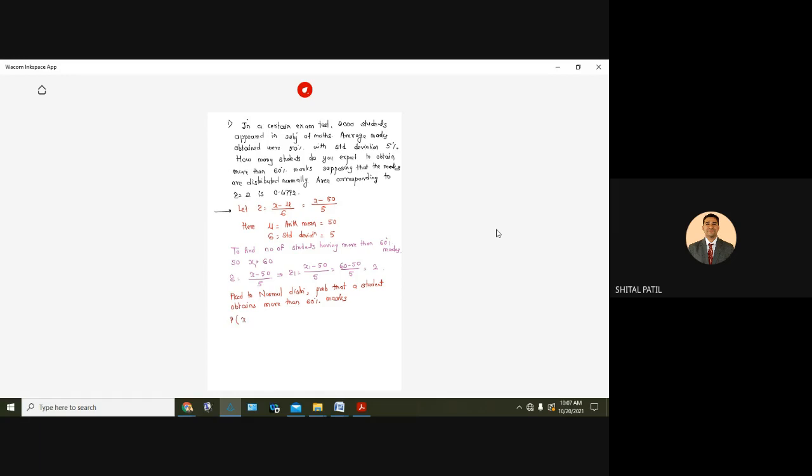So what is the probability? The probability that x is greater than 60, which is the probability that z is greater than 2, since x equal to 60 implies z equal to 2. If we draw the normal curve, it is like this.